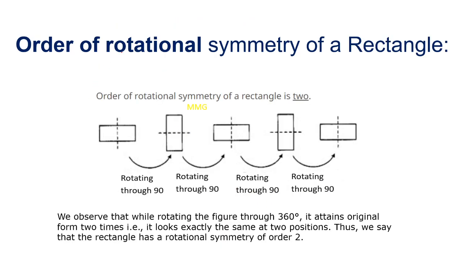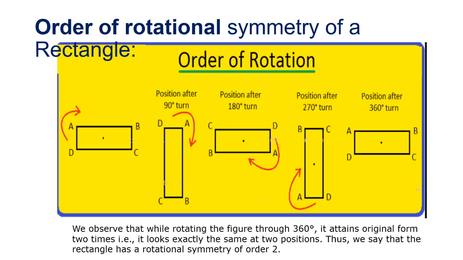Here again I have explained rotation symmetry of a rectangle, but here I have kept the rectangle horizontally, and you can see here we are getting rotational symmetry of order 2 only. Moving to the next page. So in case of a rectangle, your order of rotation symmetry is 2, and in case of a square, your order of rotation symmetry is 4.